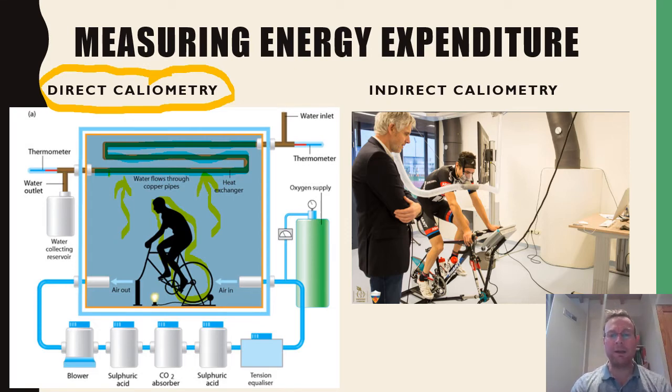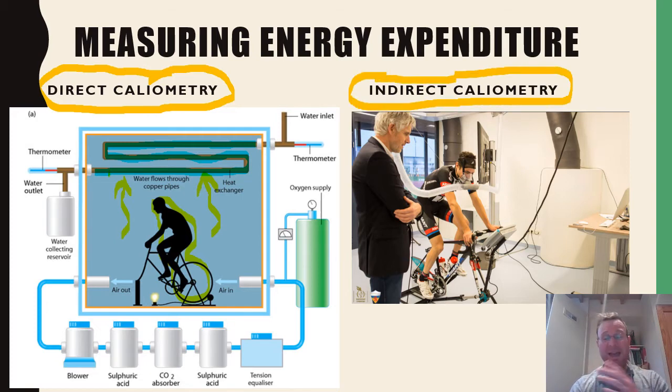More commonly used is indirect calorimetry. Again, you estimate calories burnt by measuring the gas that you breathe out. All air that we breathe in is roughly 21% oxygen, and we breathe out around 16% oxygen.